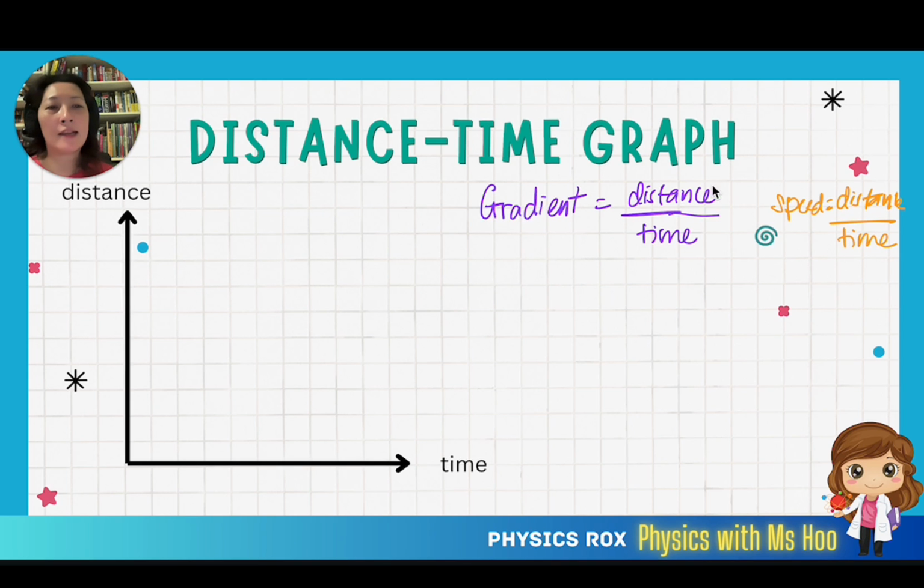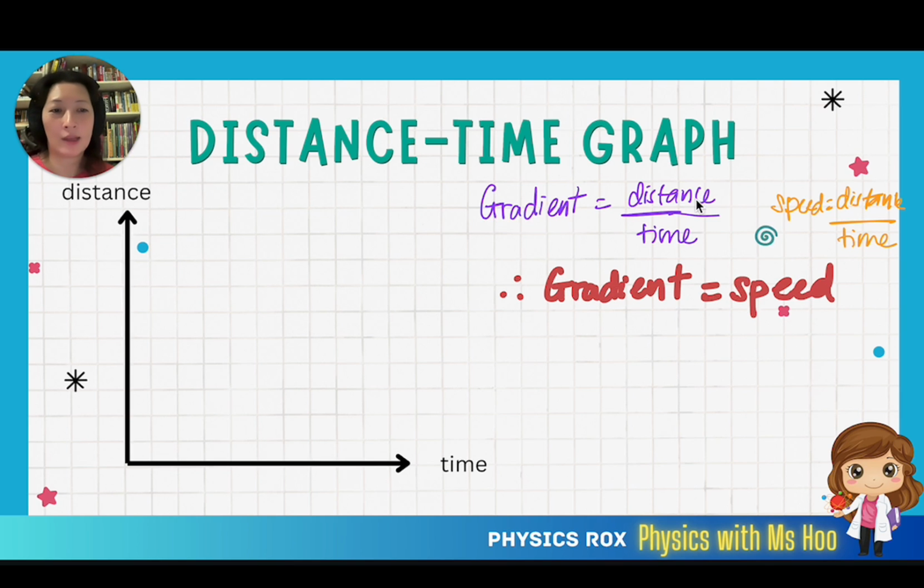So you can see that in these two equations, they're equal to the same thing. So what this tells us is that if we were to calculate gradient, the value of the gradient would be equal to the speed of the object. So what does this mean? This means that if you calculated the value of the gradient, that number is equal to the speed of the object at that time.